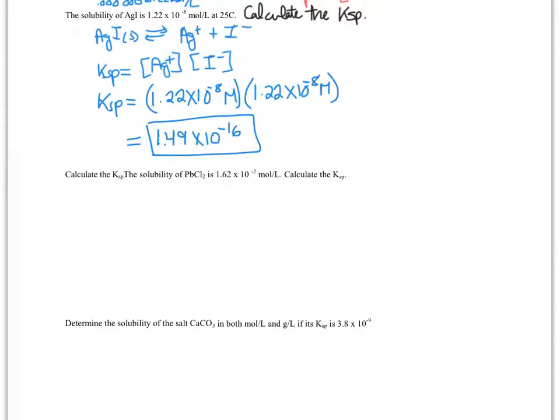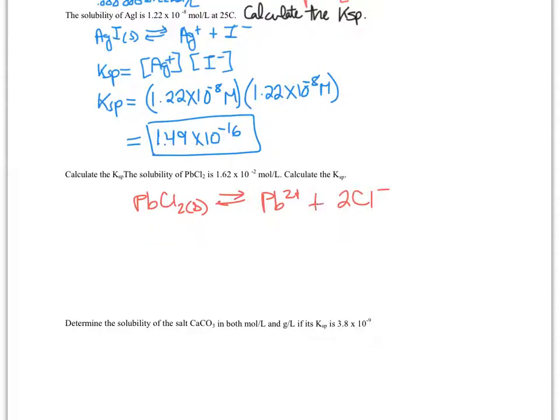So, same thing as before, we want to write our equation. PbCl2 solid dissociates partially into Pb2+ and then 2Cl-.